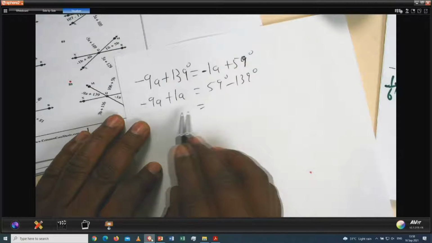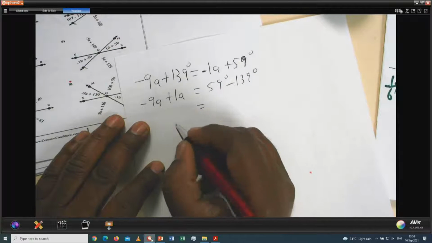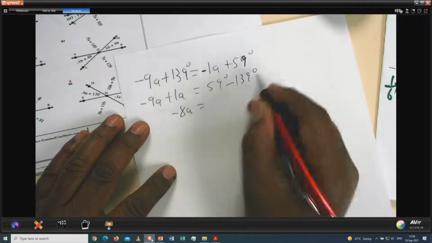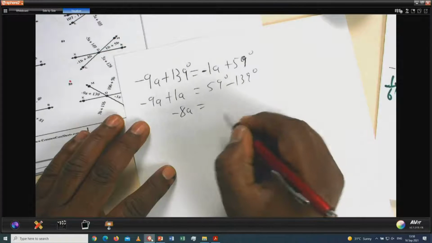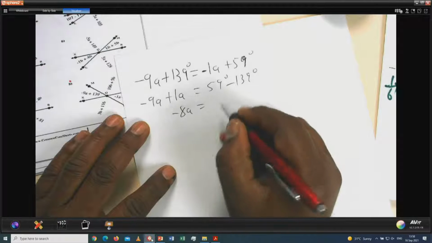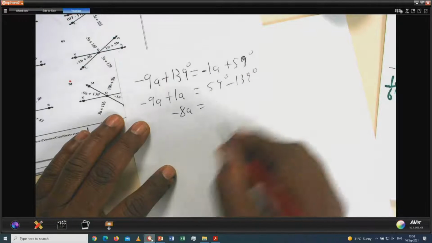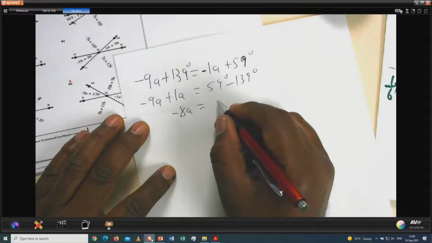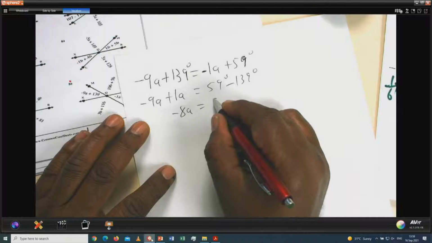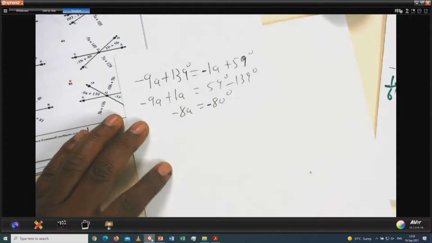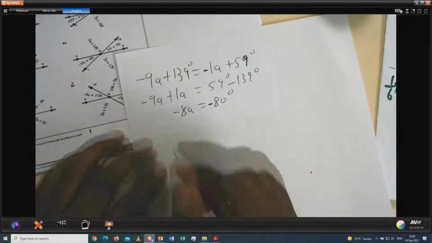We add the 1 positive to the 9 negative, you'll be left with 8 negative. To the negative 139, you add 59, therefore you'll still be negative 80.